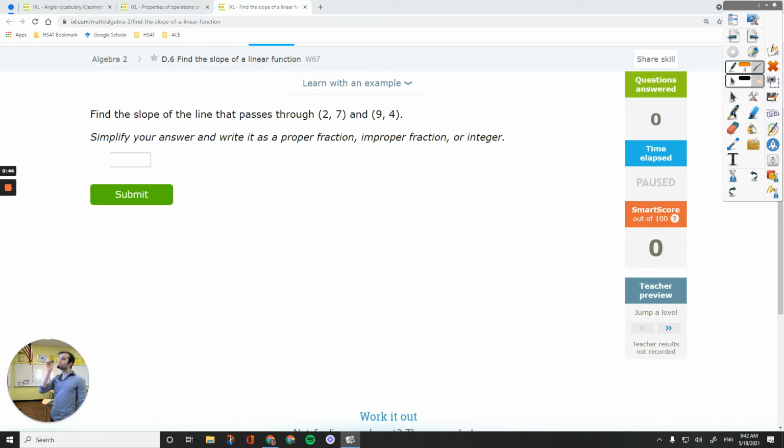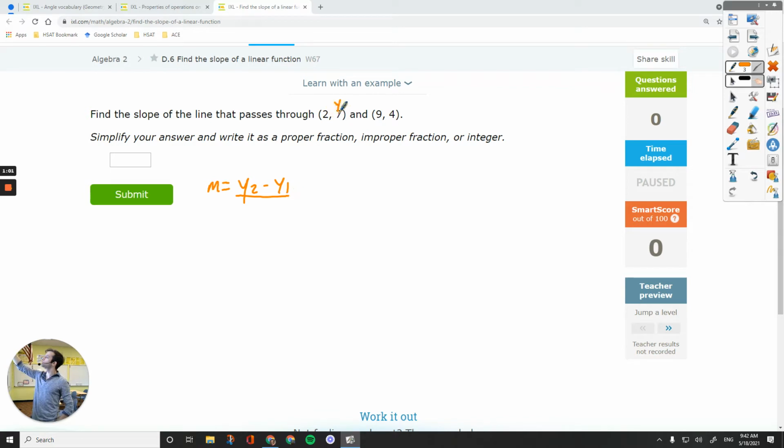So when you have 2 points to figure out what the slope equals without a graph, the easiest way is applying the slope formula, which is m equals y2 minus y1, which tells you to subtract the y values of both of the points.